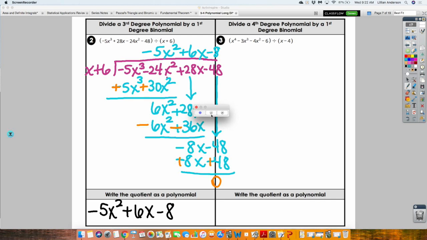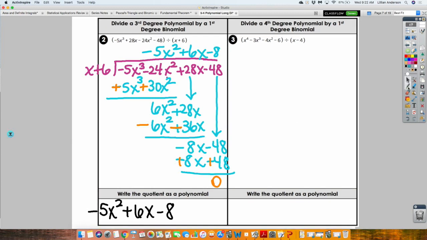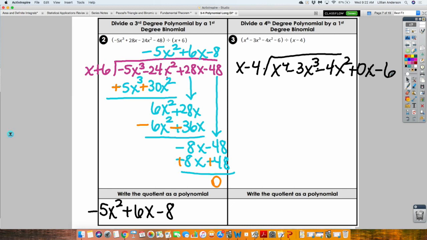So this particular one, what is my divisor? X minus 4. And what is my dividend? And I need a 0 because of what?